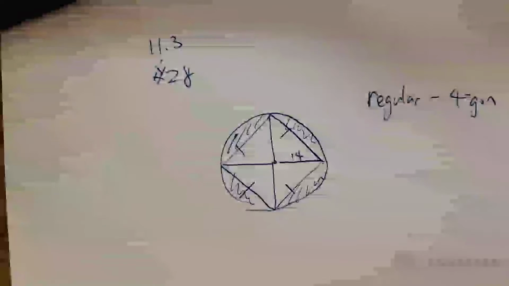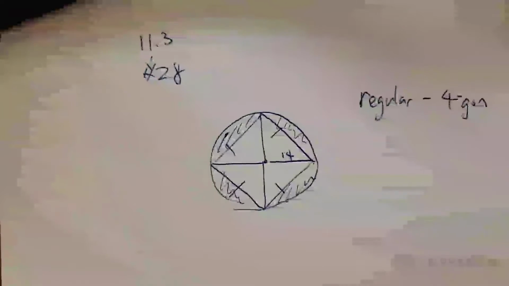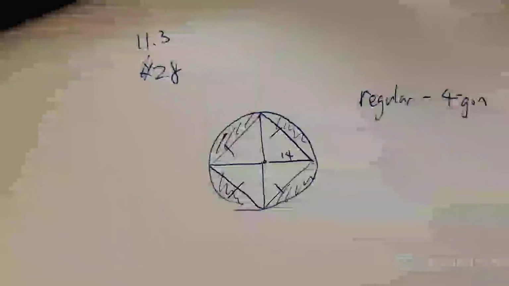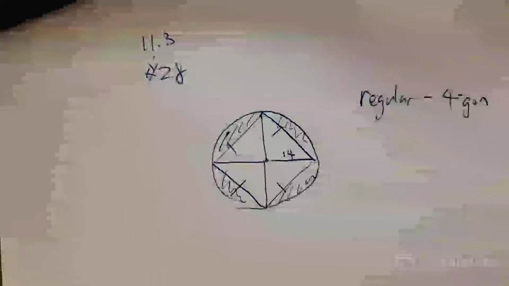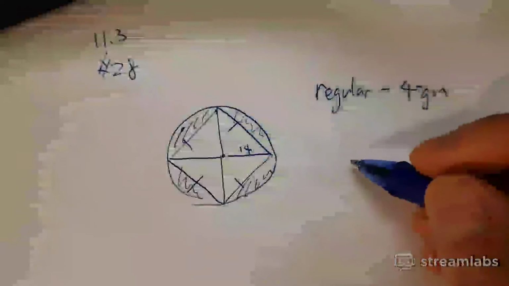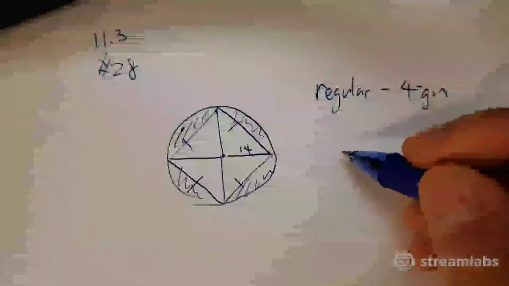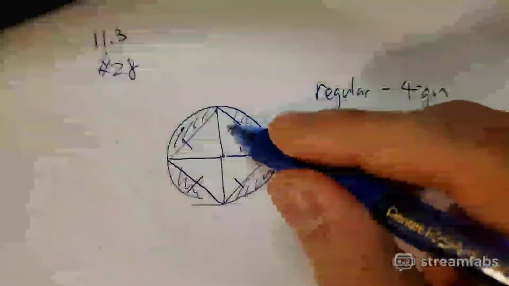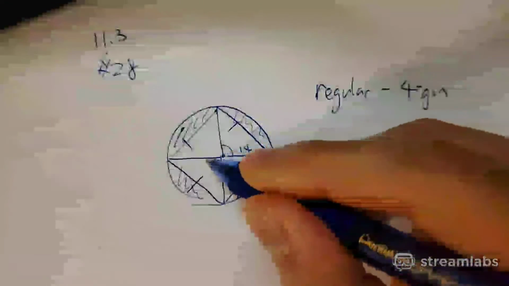Wait, why is it lagging? Do individual triangles, right? So for each individual triangle, I need to figure out what angle this is.